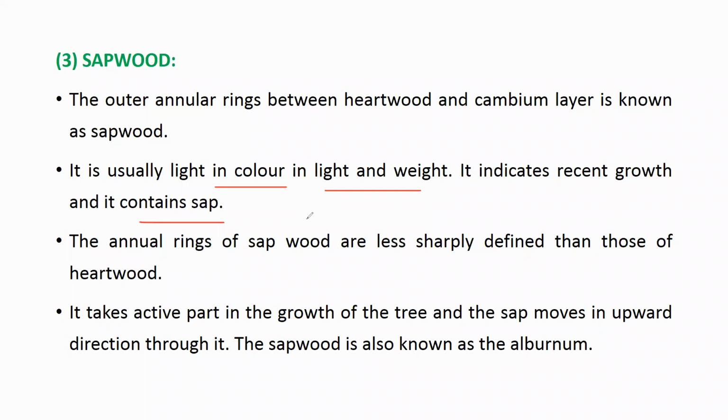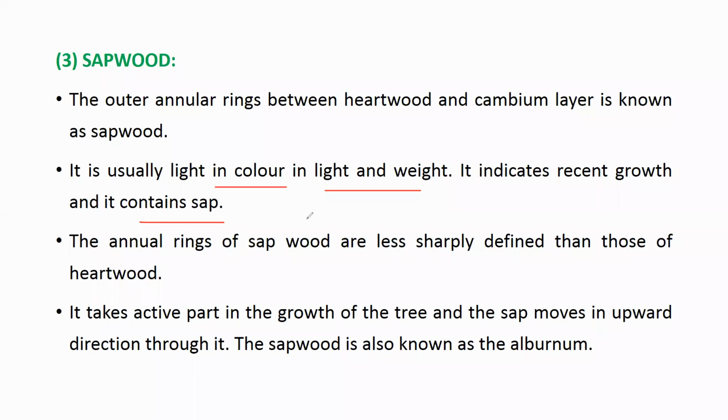As you go outside, first at the center is pith, after that heartwood, after that sapwood. Compared to heartwood and pith, sapwood is light in color and light in weight.